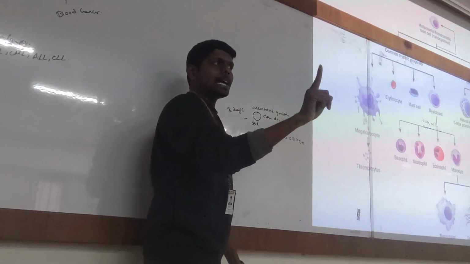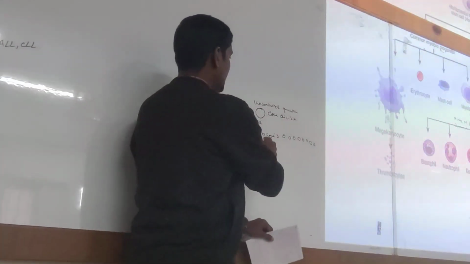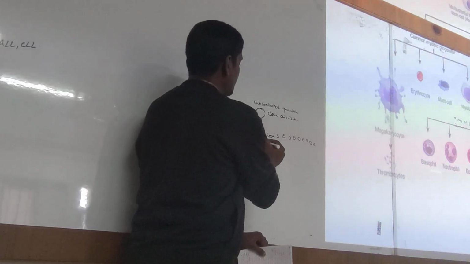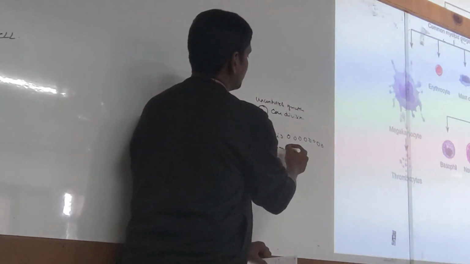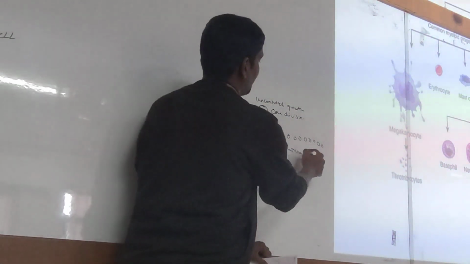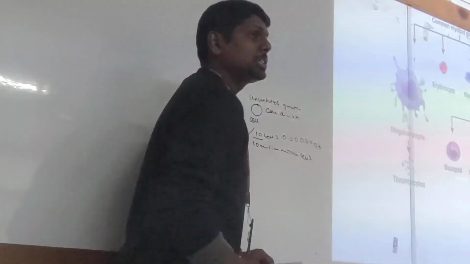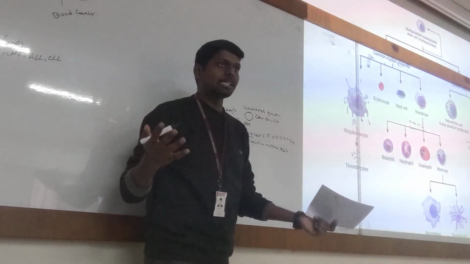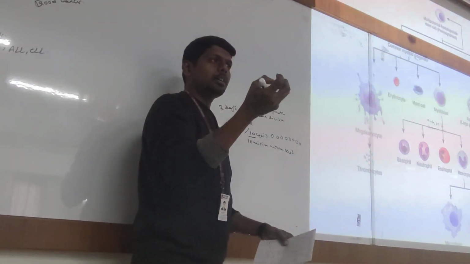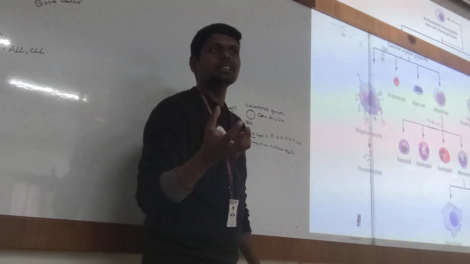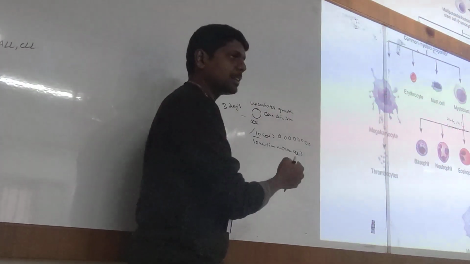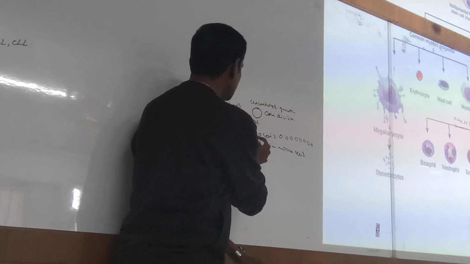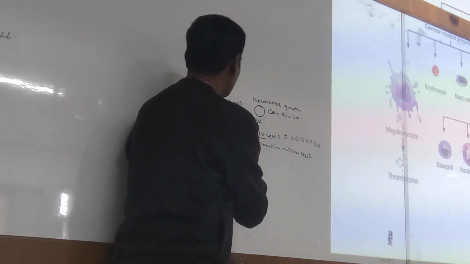During a cancer condition, rather than 10 cells, there will be 10 million cells. You just imagine now. Instead of 10 cells, there will be 10 million cells. That means the cells are dividing at a rapid pace. And that can be a cancer. This condition is called a cancer condition.